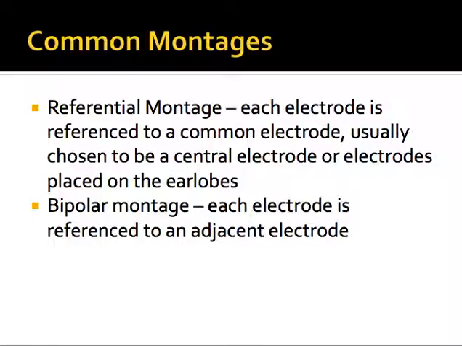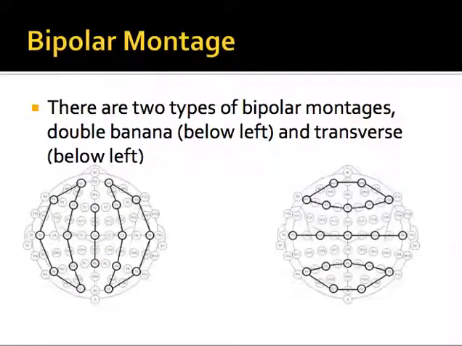A referential montage is where each electrode is referenced to a common electrode. Usually that's either an electrode in the center of the head, or you actually have two references, one for the right side on the right earlobe and one for the left side on the left earlobe. A bipolar montage is where each electrode is referenced to an adjacent electrode, and there are a couple of ways to do that. So let's look at some pictures.